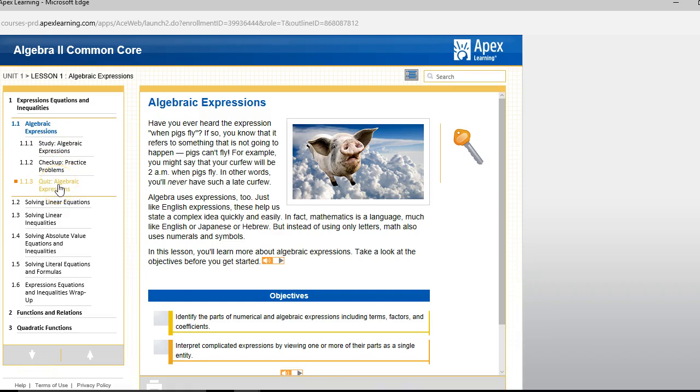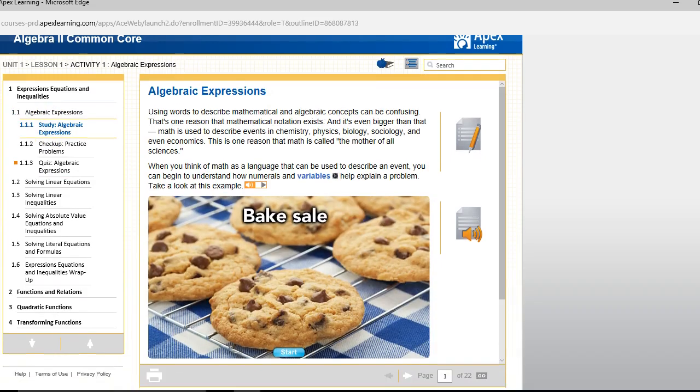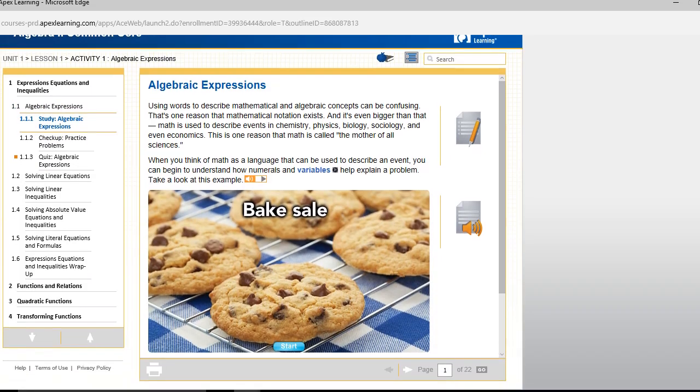To complete lesson 1.1, you need to complete each of these items. Your study for each lesson is the lesson. It's where you actually learn the content. There's interactive activities, vocabulary, and practice problems where you can check your answers.